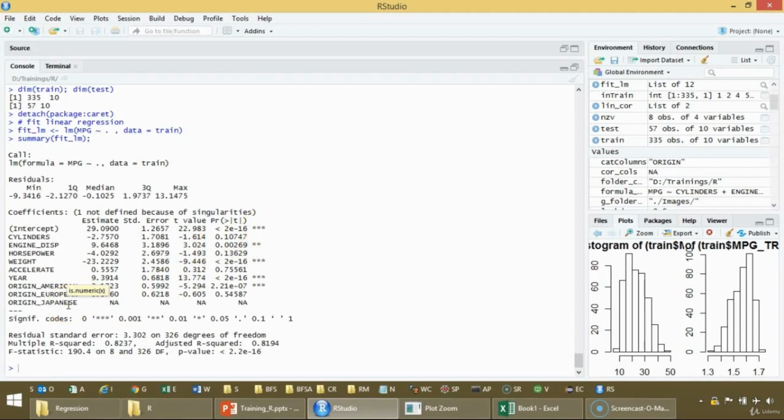You have already learned in the statistics part. So 0 means it is at almost 100%, and this is around 0.001, meaning around 0.1%. This is around 1%. This is 0.5%, and so on. So these are the various significance levels, and overall it looks good.